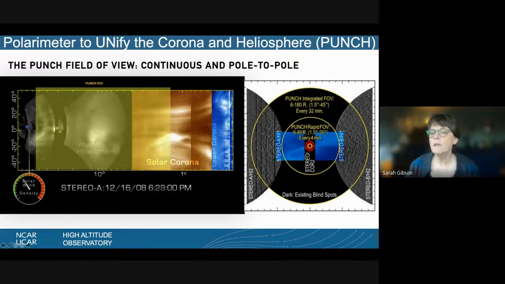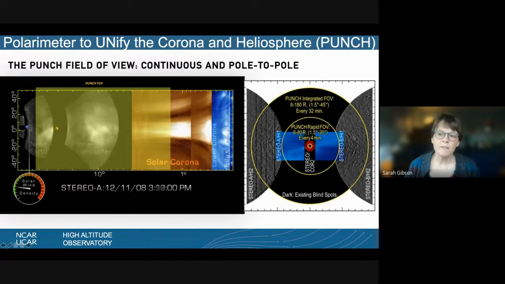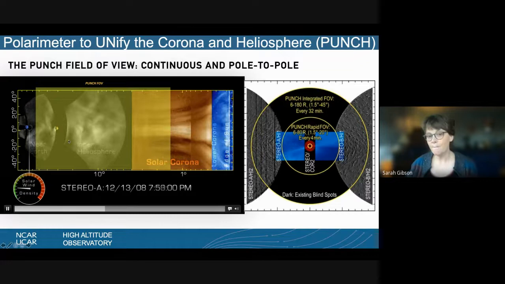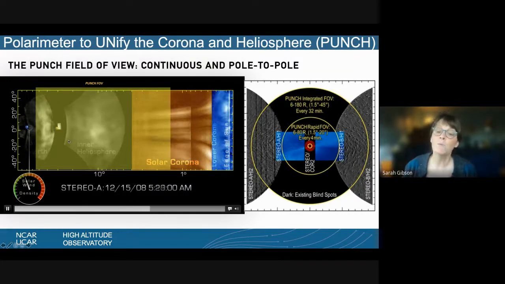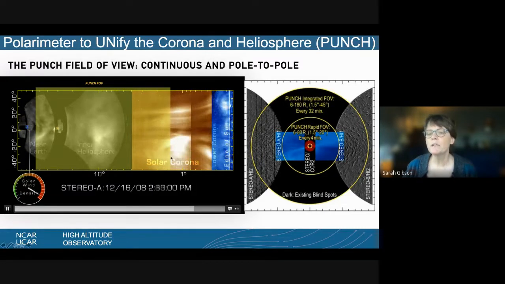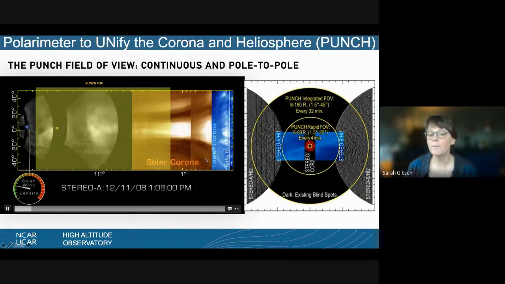It fills existing gaps between coronagraphs and heliospheric imagers and allows unprecedented observations of the evolution of CMEs from the sun through the solar wind. In addition, PUNCH obtains polarized brightness measurements, which, when used along with brightness white light measurements, are a powerful tool for imaging and localizing CME substructure and the evolution of it in transit.